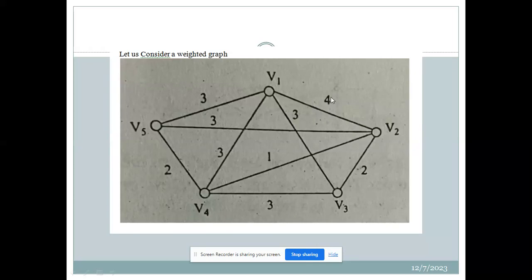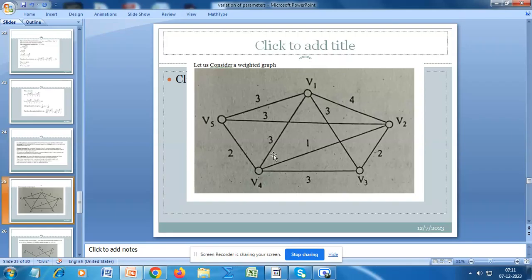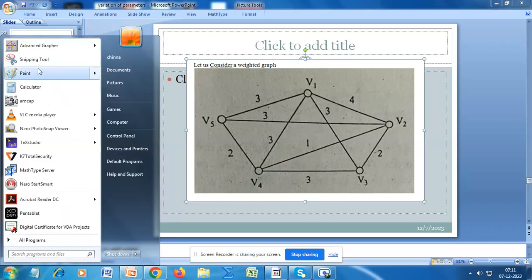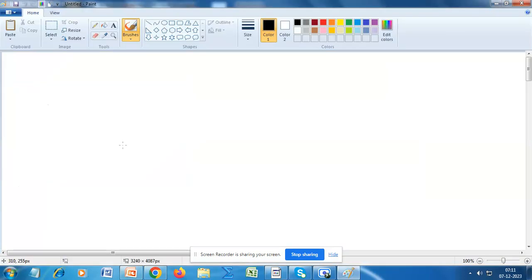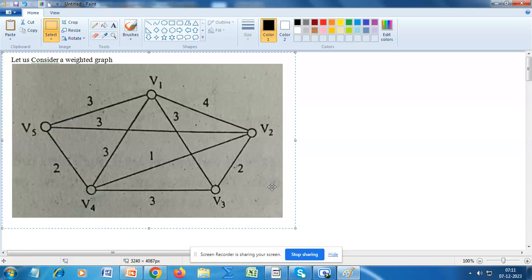Now consider a graph. This is a weighted graph.